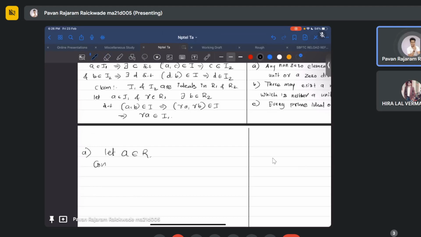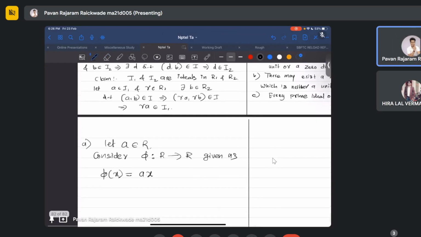So consider the map phi from your ring to the ring, given as phi of any element x equals left multiplication by a, simply ax.